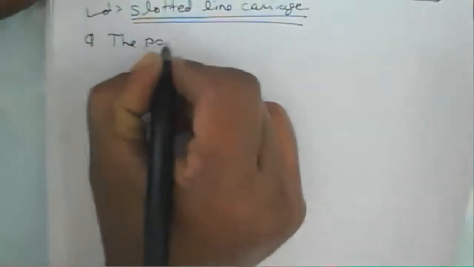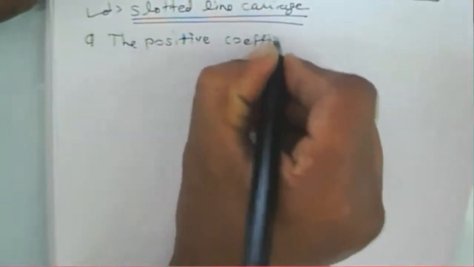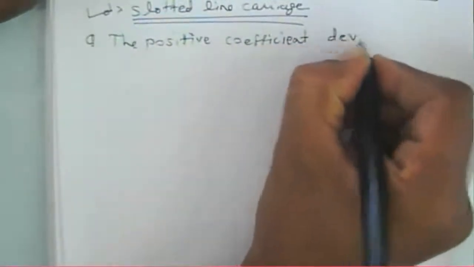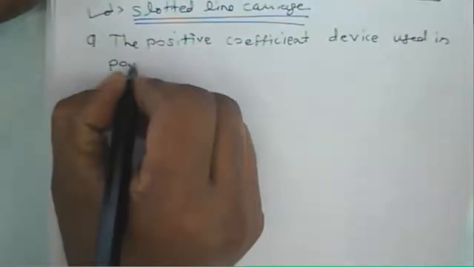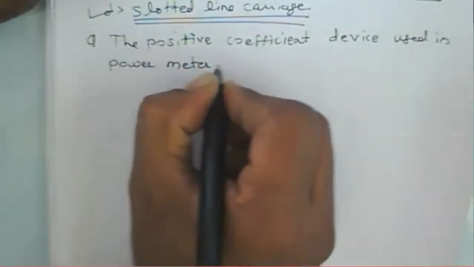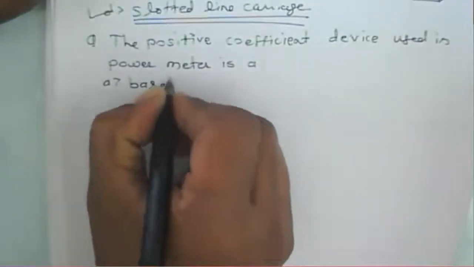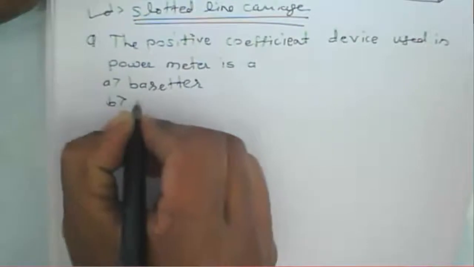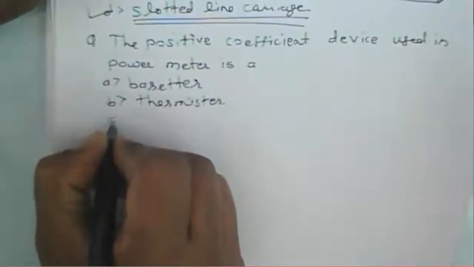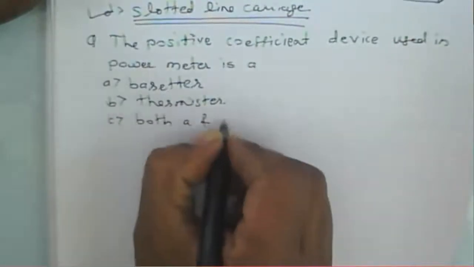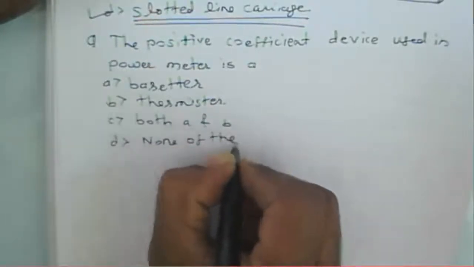Then, the positive coefficient device used in a power meter is: A, barretter, B, thermistor, C, both A and B, D, none of the above.